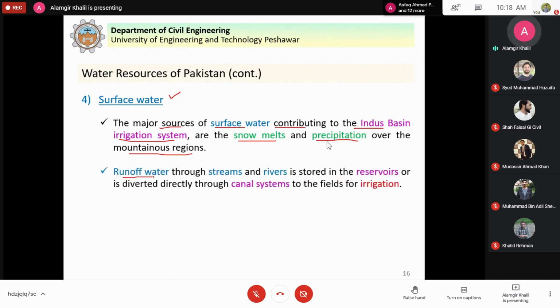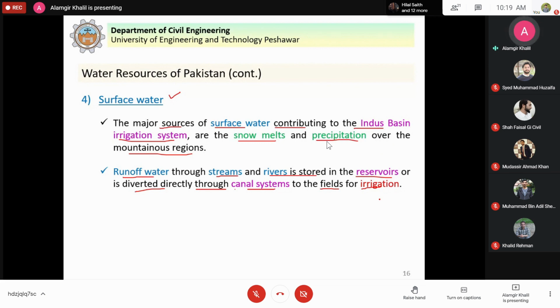That runoff water through streams and rivers is stored in the reservoirs or is diverted directly through canal systems to the agriculture fields for irrigation.